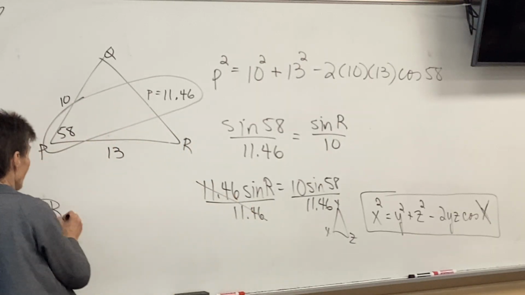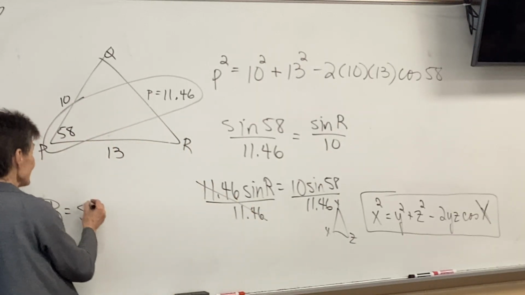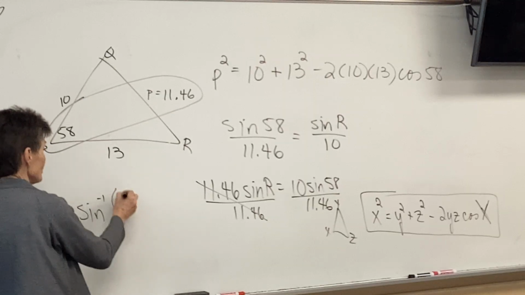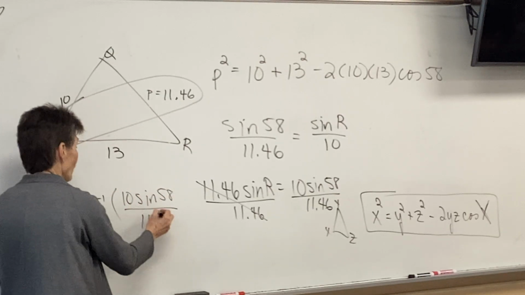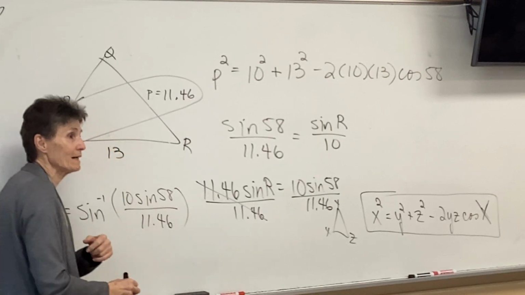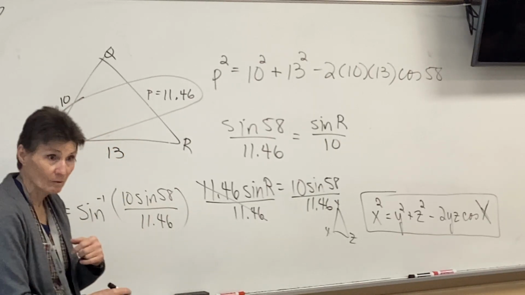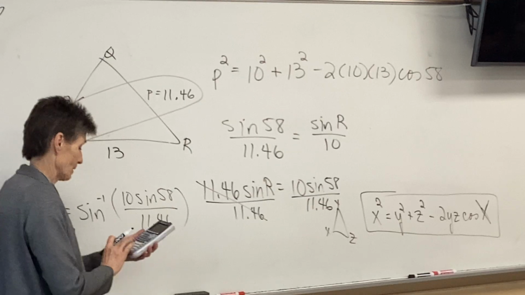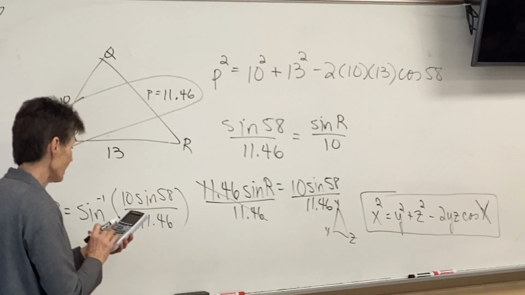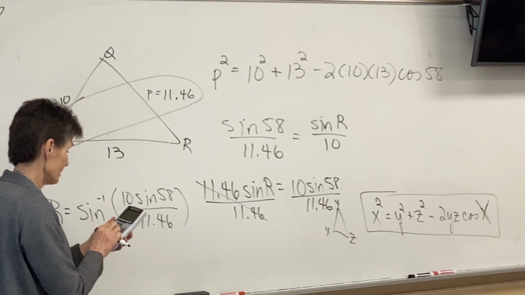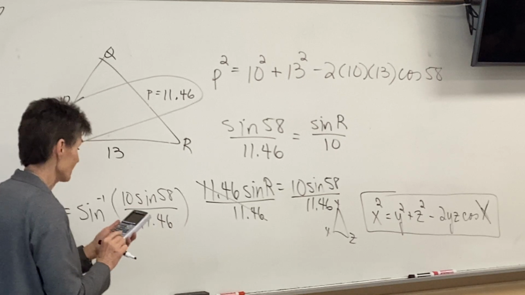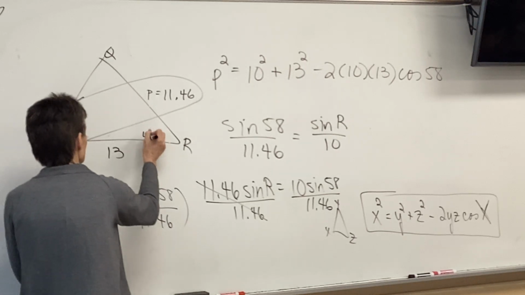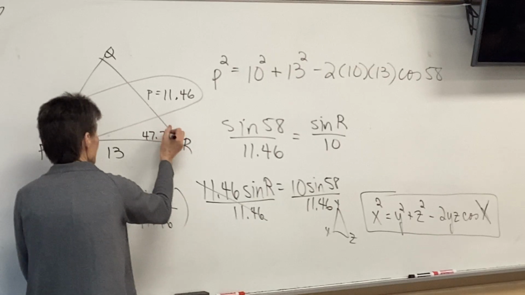And then, aren't I going to have to second sine my fraction? Why, yes, you are, Mrs. Ford, because you are finding an angle. So second sine, 10 sine 58 over 11.46. I got 47.73.